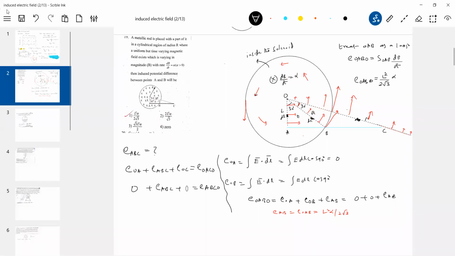So I'll call this point P. This one. So the area of the triangle plus the area of the sector. So the effective area, this will be E_OABCO.